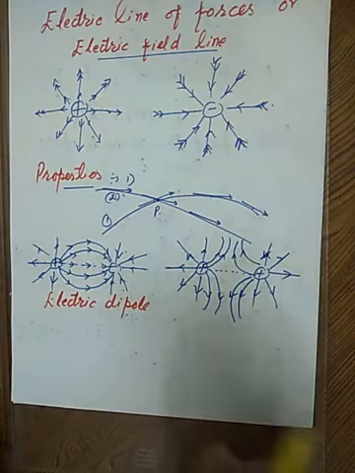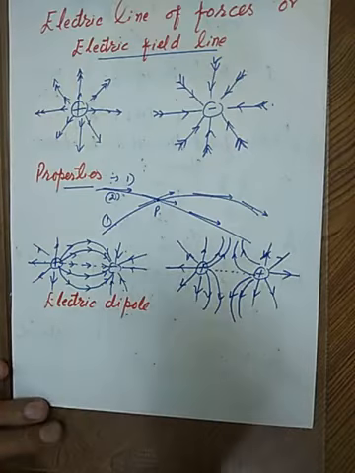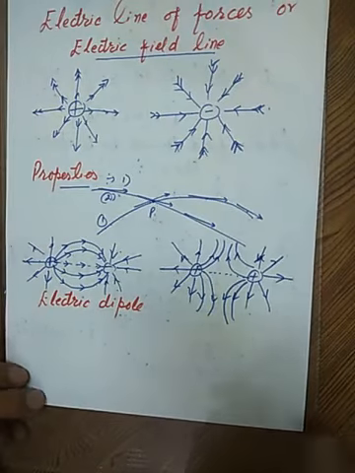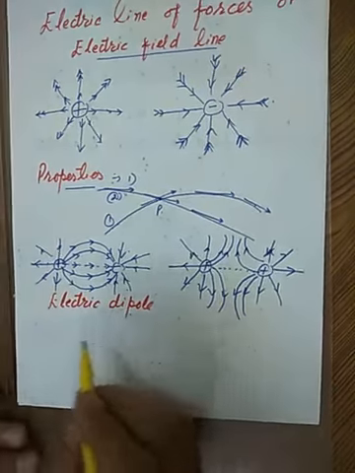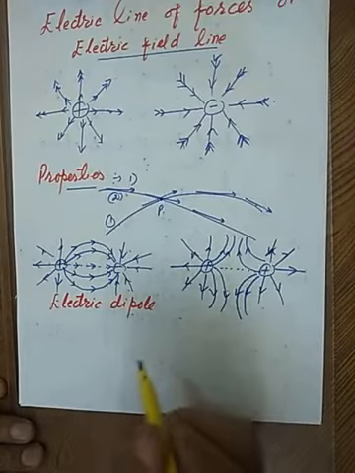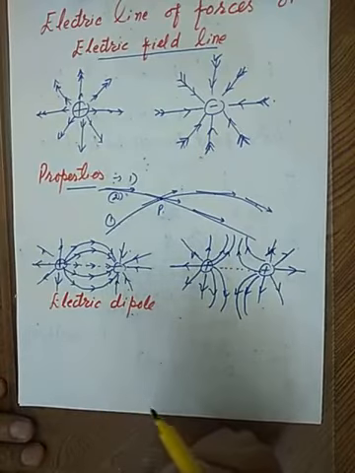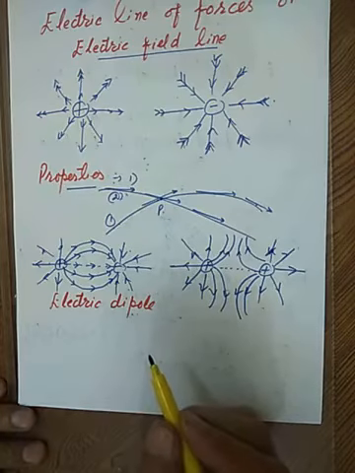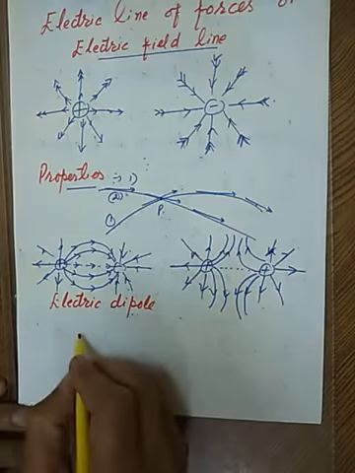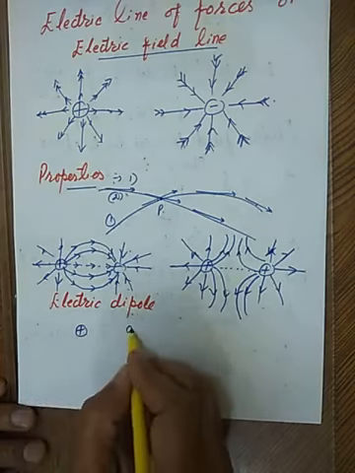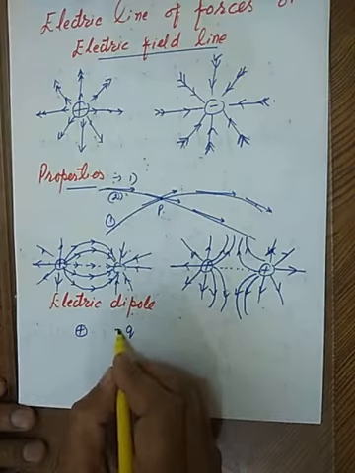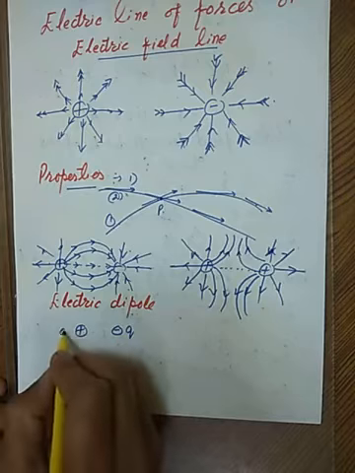Our next topic is electric dipoles. What is an electric dipole? When two equal and opposite charges are separated by some distance, they constitute an electric dipole. Suppose this is our positive charge, this is our negative charge, plus q and minus q.